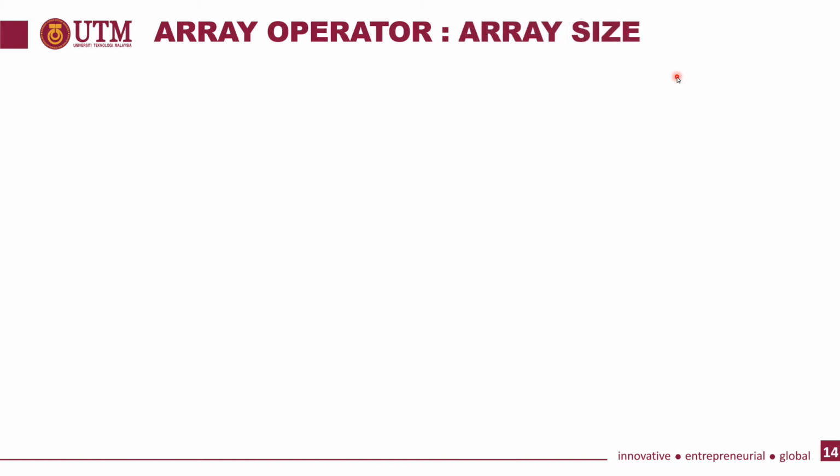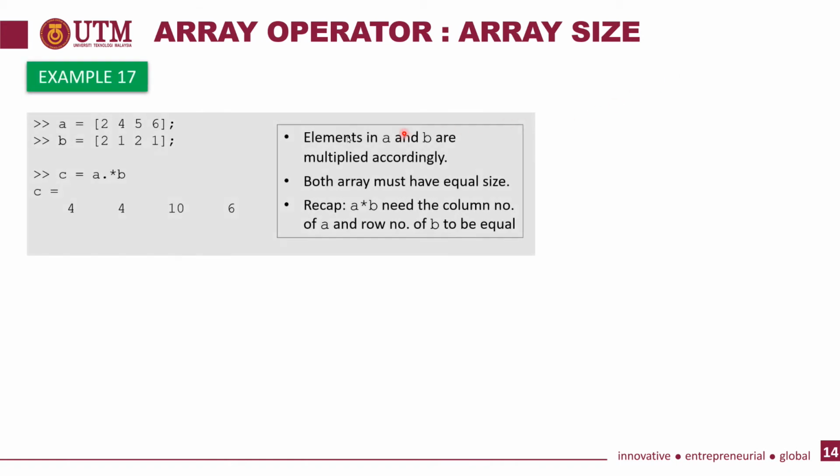Next is the array size. You see here, A equals 2, 4, 5, 6 and B equals 2, 1, 2, 1, so the matrix size is the same between A and B. For the array operator, we can execute a multiplication statement.